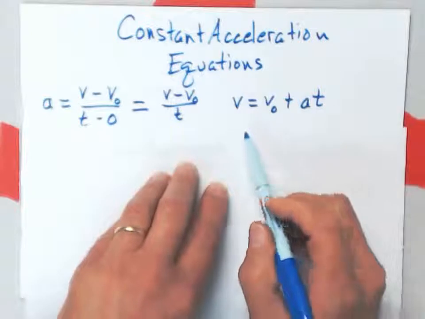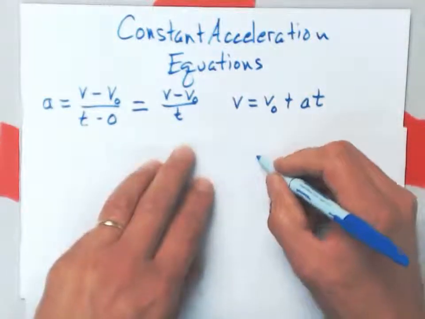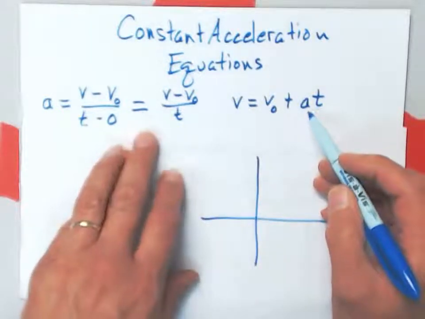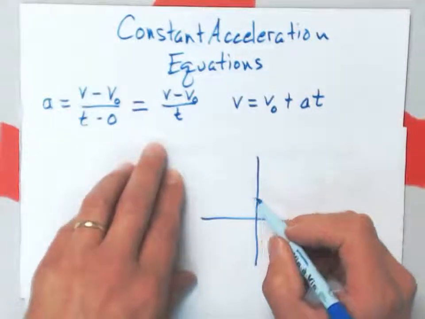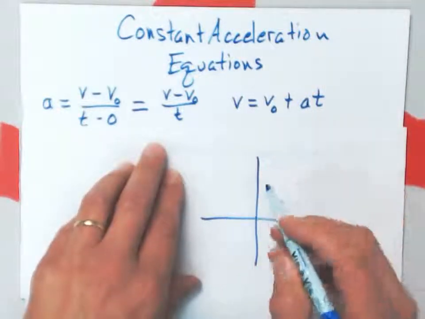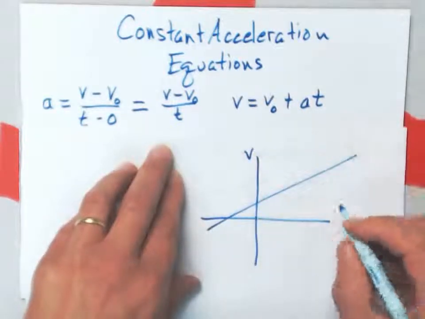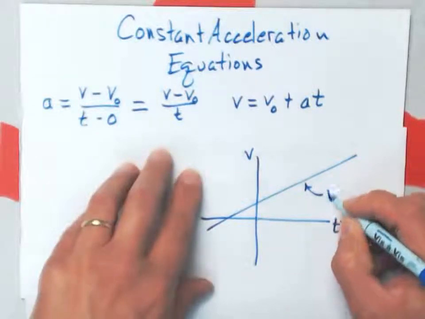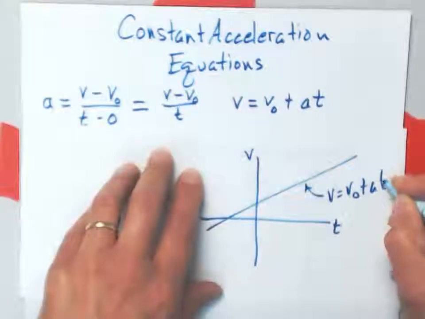That's the equation of a straight line. This is v as a function of t. Let's assume for the moment that we have a positive acceleration and a positive value of v naught. The line is going to look like this. This is v versus t, the line v equals v naught plus at.